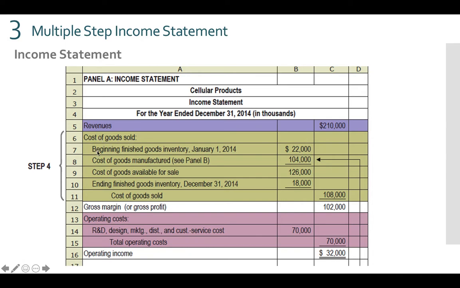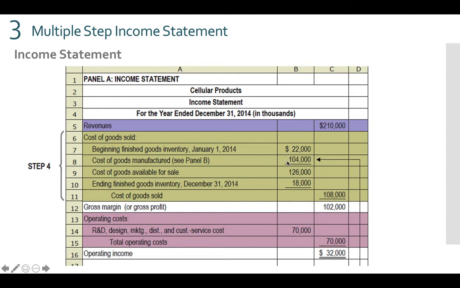The first one is the beginning finished goods inventory, or the value of finished goods that we have at the beginning of the year. For example, it is $22,000, and then we also account the cost of goods manufactured, or in other words, the manufacturing cost that is incurred in the respective year.